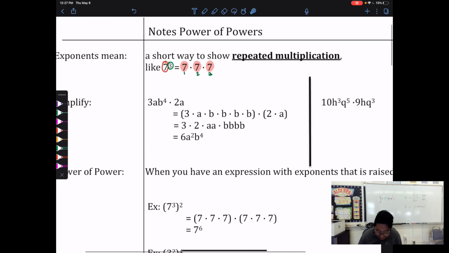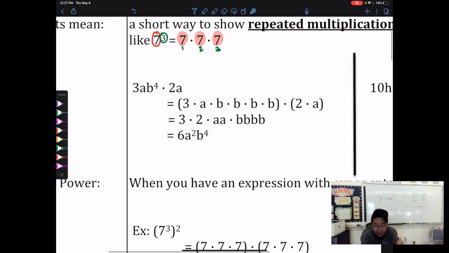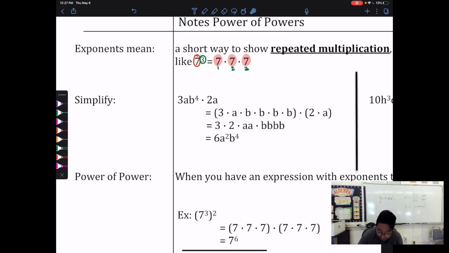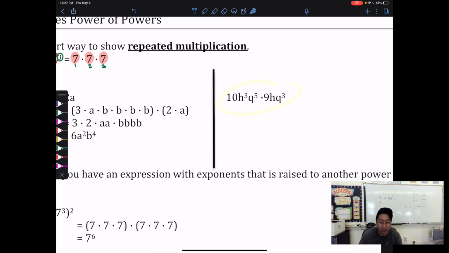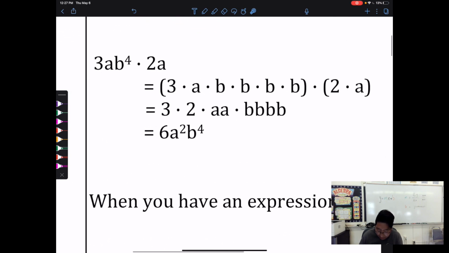So here I'm going to ask you to simplify these. Now, these are already given to you, okay? So you can see 3ab to the fourth times 2a. We'll go over that one in just a second. Right here, what's our exponent?